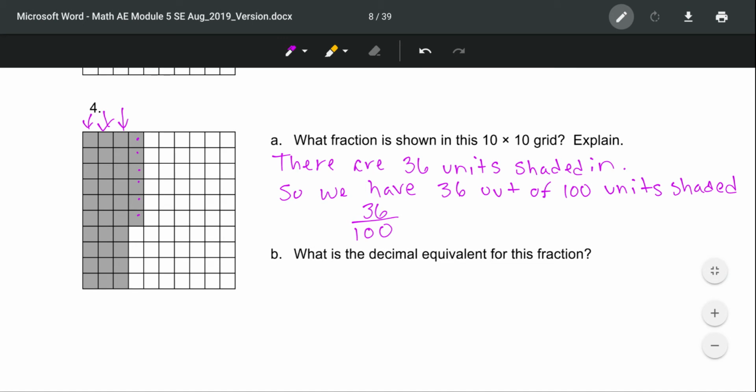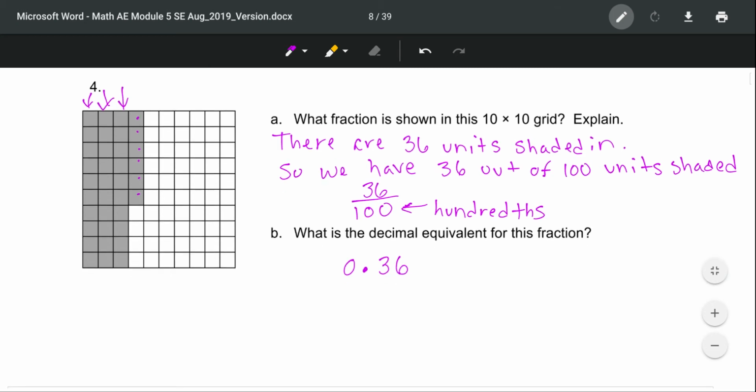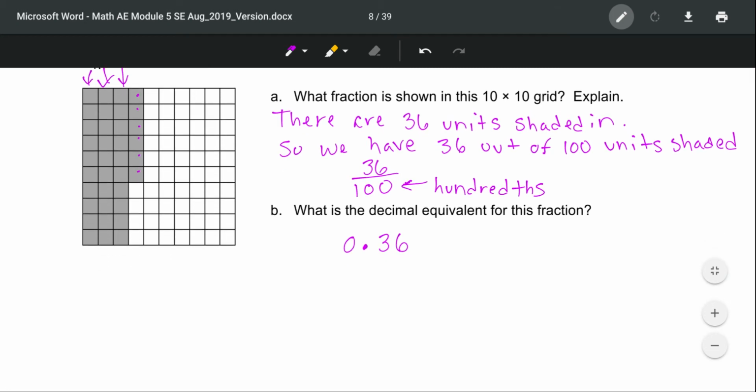So what is the decimal equivalent for this fraction? Remember that the hundredths place means that your denominator is 100. So the 100 here tells us that this would be in the hundredths place. So you can write 0, your decimal point, and then 36 hundredths. So your 6 should end in the hundredths place.